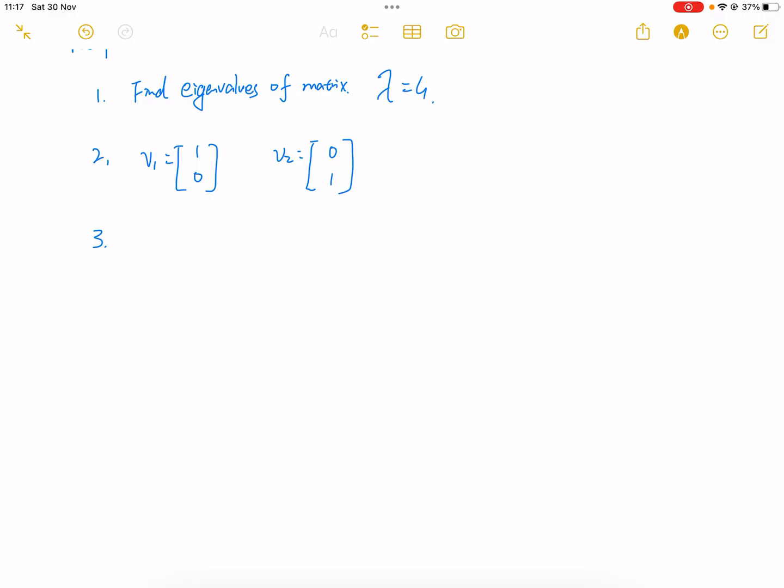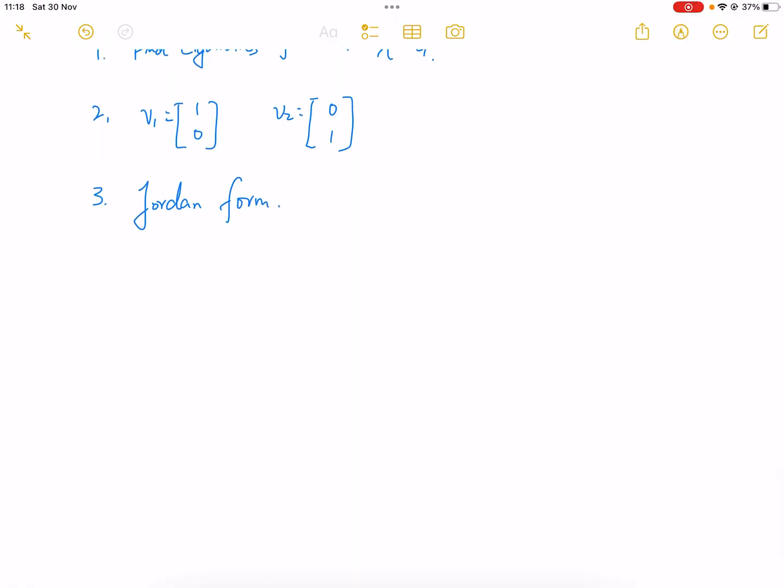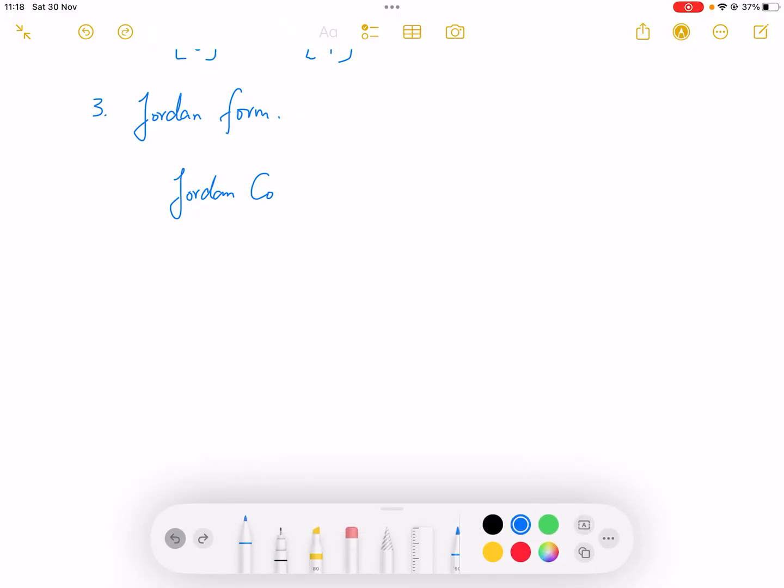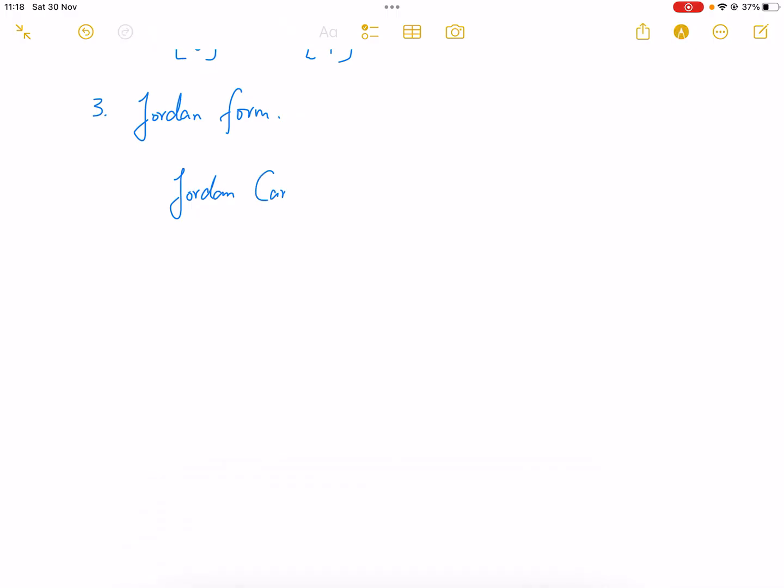Third, we constructed the Jordan blocks to build the Jordan form, which is the Jordan canonical form, the simplified structure of matrix A.